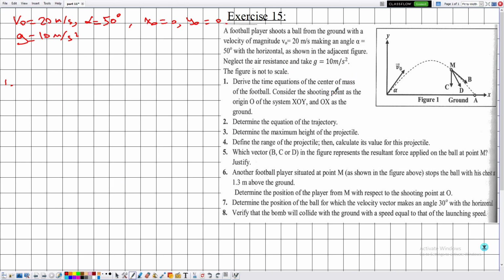Whenever we need to derive the time equations, we need to start by Newton's second law. Apply Newton's second law for the football, which is given by sum of forces is equal to ma.